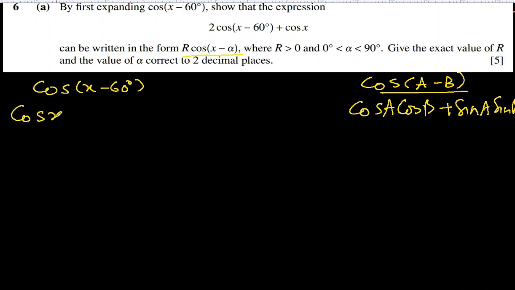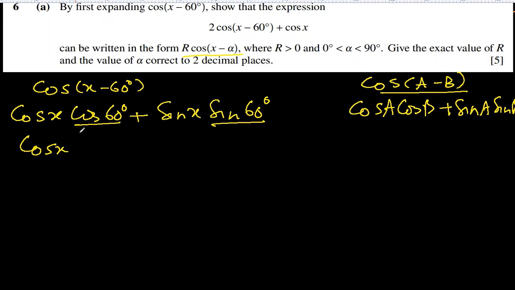Cos a is x in this case, cos b is 60 degrees, plus sin a sin b. Since these are the proper angles' ratios, better we put their values first, otherwise they will create trouble later. Do not carry them for long. So it will be cos x, and cos 60 is half, so let me write half in front, plus sin x, and sin 60 is square root 3 over 2.